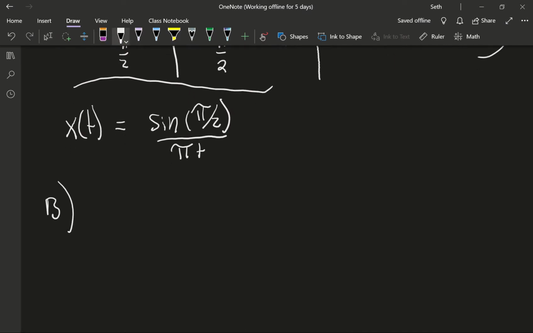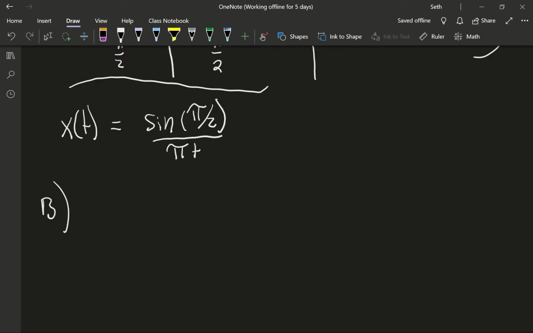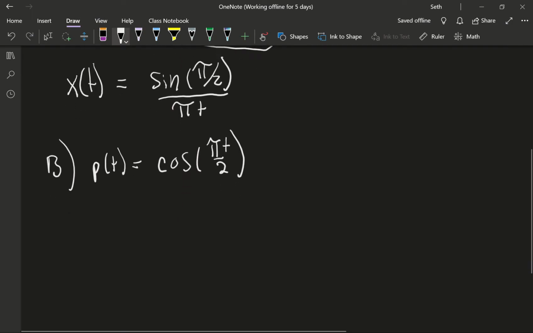It asks us to sketch the Fourier transform of p of t equals cosine pi t over 2. So we go to our table of Fourier transforms.